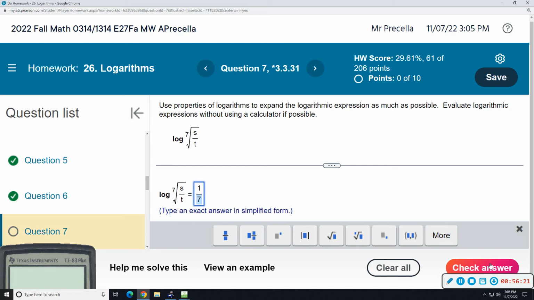I hit the right arrow to get out of that fraction. Log S. Notice how it's spacing it and bolding the log. Minus 1/7. Right arrow. Log T.